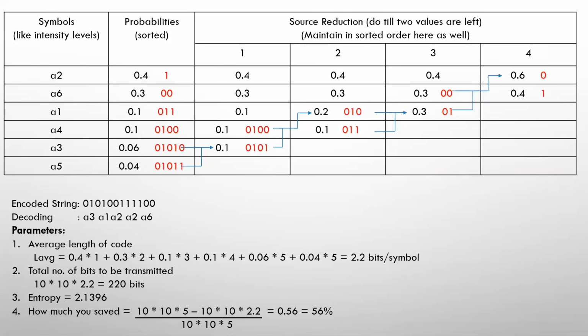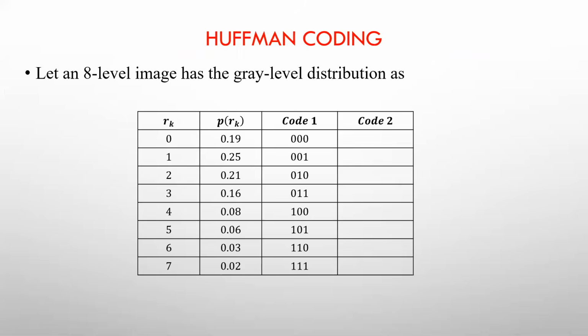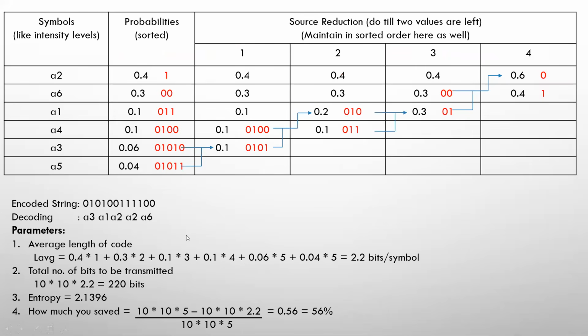The beauty of Huffman is that it enables decoding very easily, with no ambiguity in the decoding. And one more thing which is not mentioned here, but is practical, and you won't find it in your textbooks.